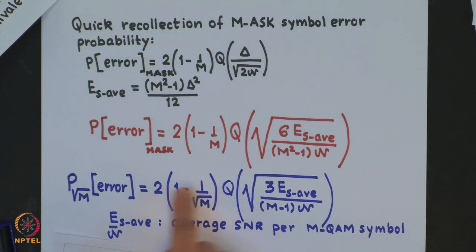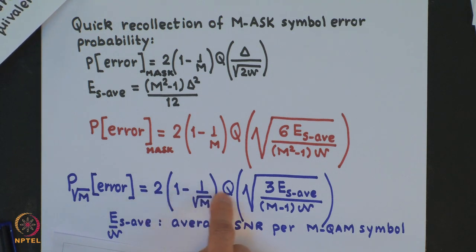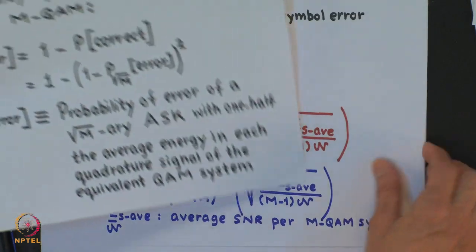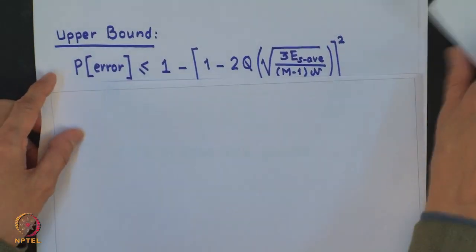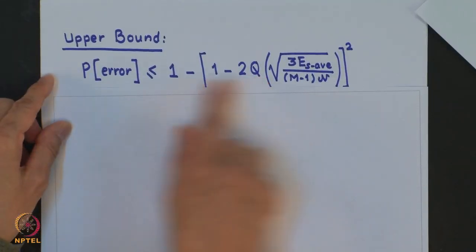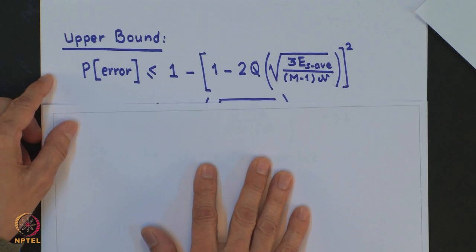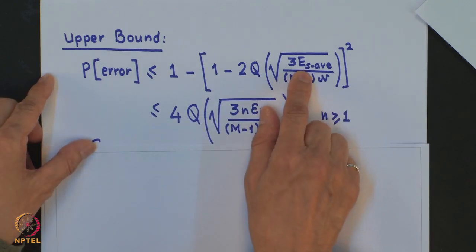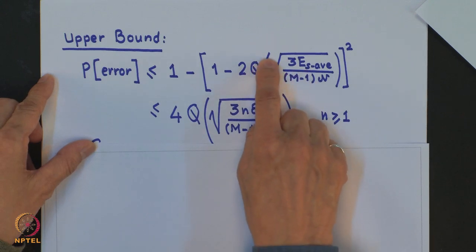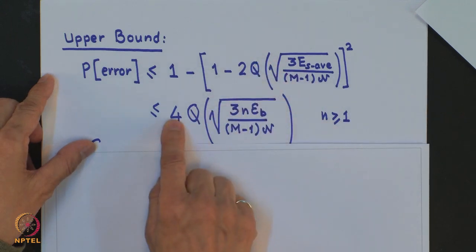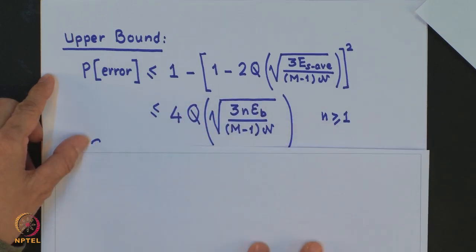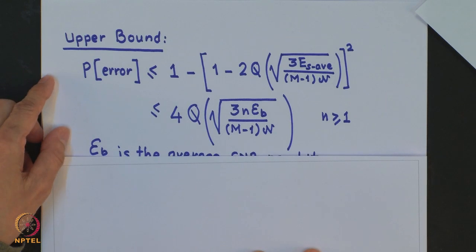If we neglect this term, this will be approximately twice of Q, this value, and if we use that as an approximation, in this expression we will substitute that approximation. So, it becomes less than or equal to, and on expansion I neglect the Q squared factor, I get this equal to 4 times Q. This is valid for n greater than or equal to 1.